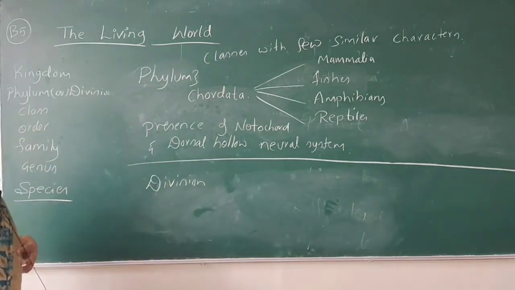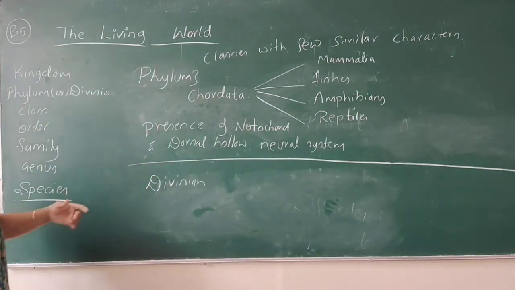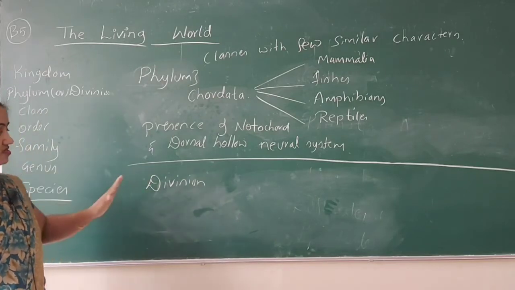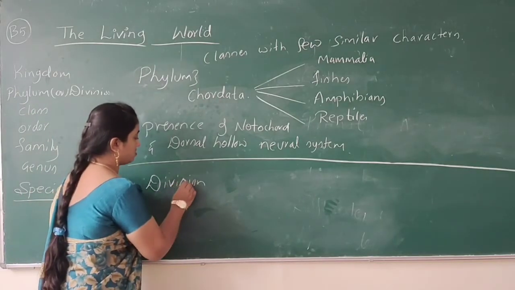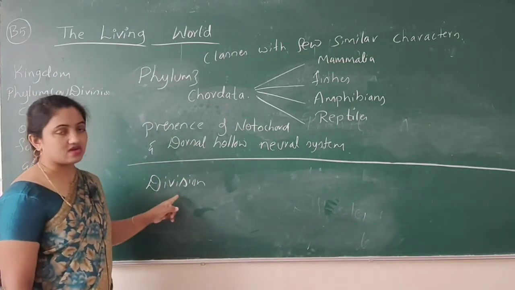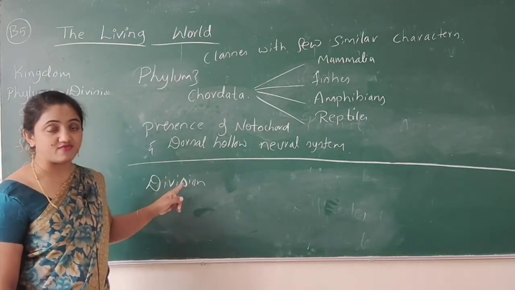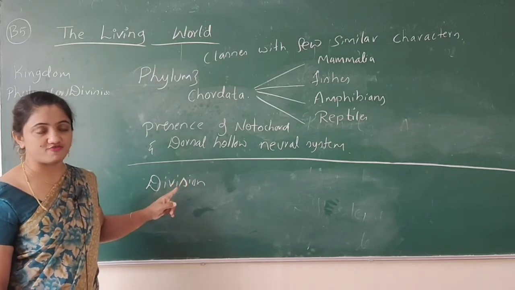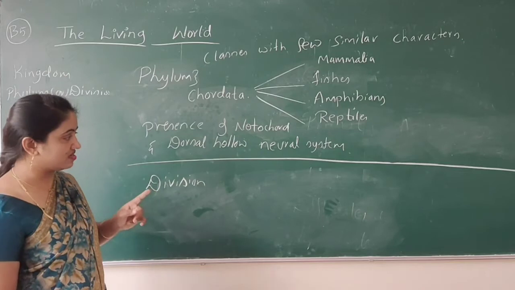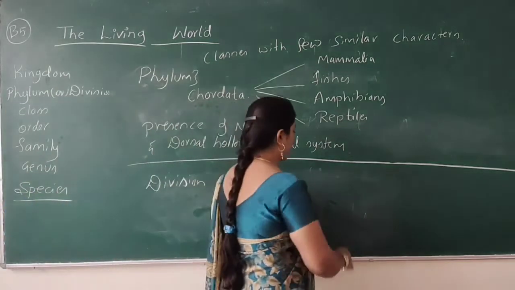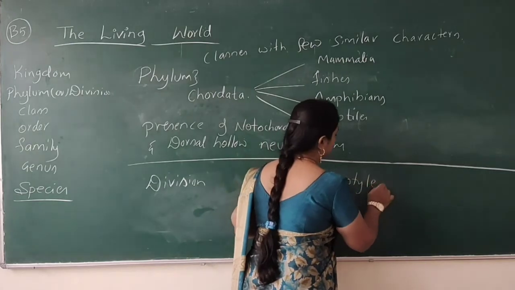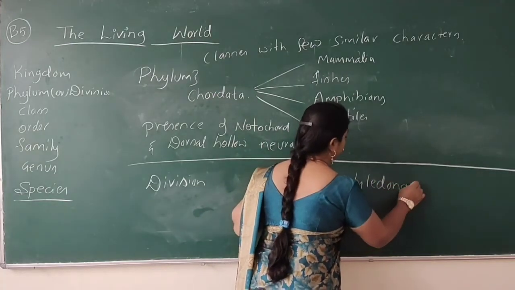One more, let me write the plant example here. While writing the systematic position of a plant, we used to write the division. Earlier we wrote about the Dicotyledonae, right?